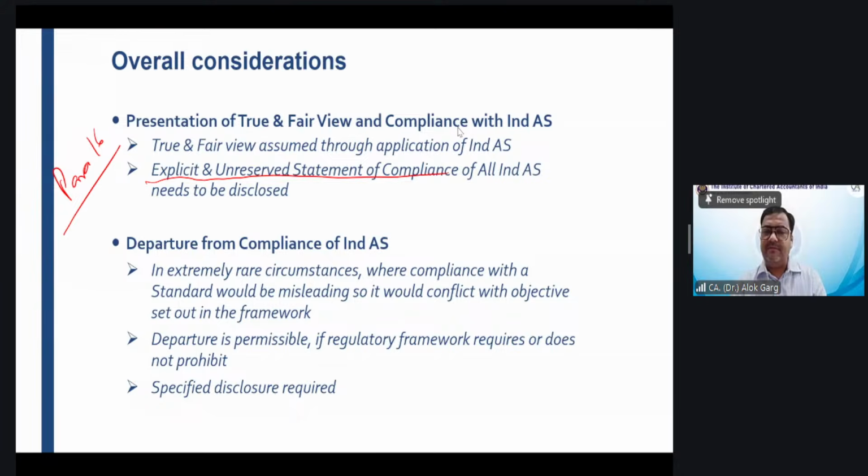Is that clear, my dear friends? Is that clear about the statement of compliance? Yes. So management has to give an explicit and unreserved statement of compliance with all applicable Ind AS.